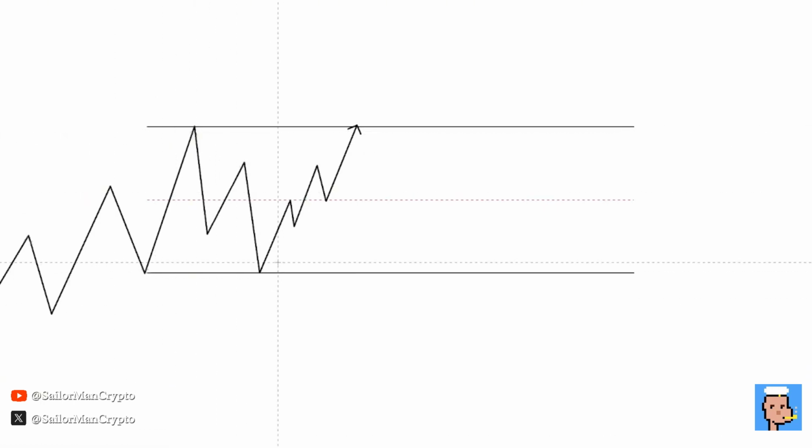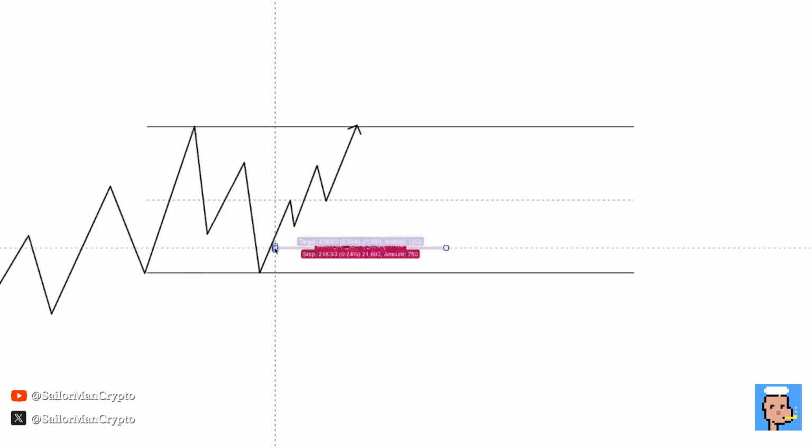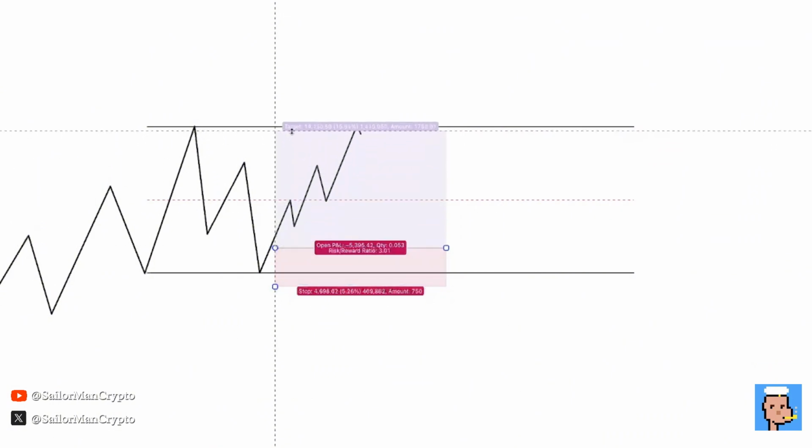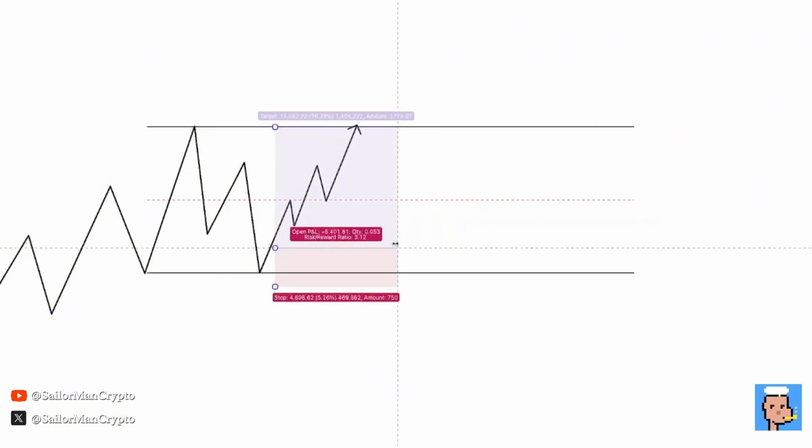Why? Because mainly in a range, people will try to long resistance and short support, and they will hide their stop loss just outside of the range.